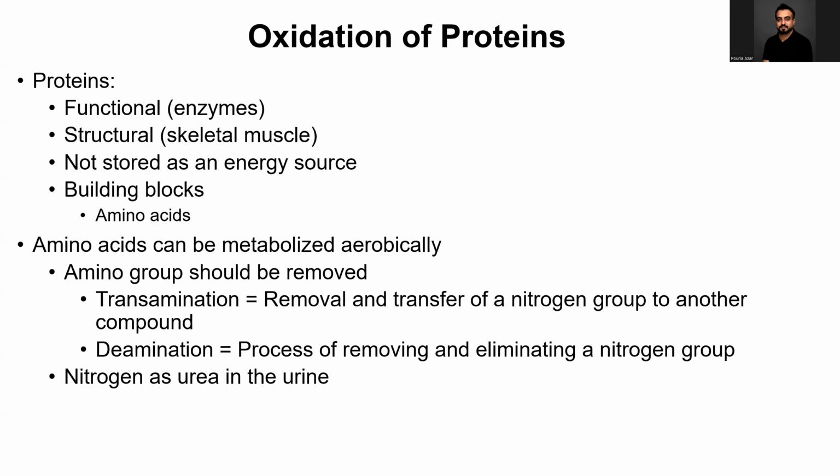So in the preparation of proteins to use in the oxidative phosphorylation energy system, we have to remove the amino group through these two processes, transamination and deamination. And the nitrogen, which is removed from the amino acids through deamination, is used to synthesize urea in the urine.